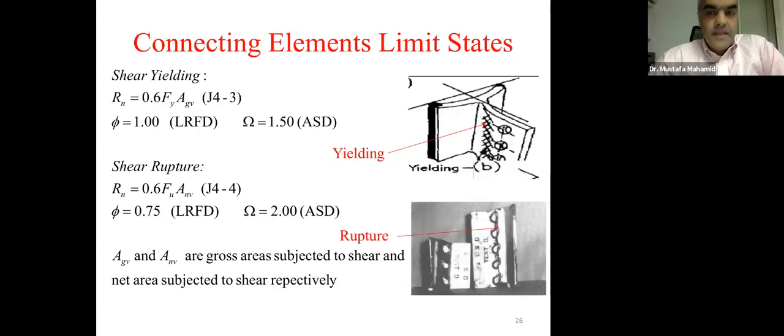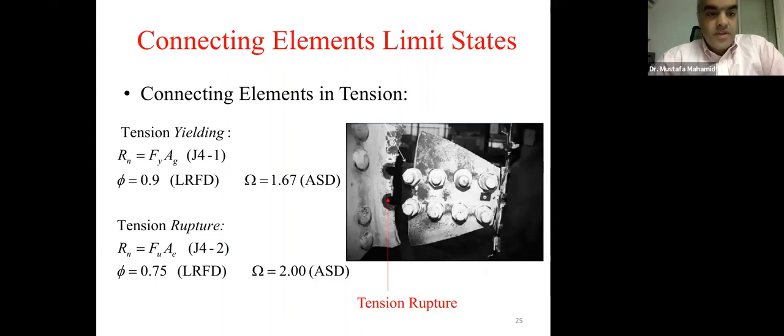And then the shear yielding. So here we have tension yielding and tension rupture. You can see how this happens in the figure. We check both. For tension yielding, we don't consider the holes, so we just take the whole length, that's the gross area, the whole length times the thickness. For tension rupture, we have to subtract the hole diameters times the thickness.